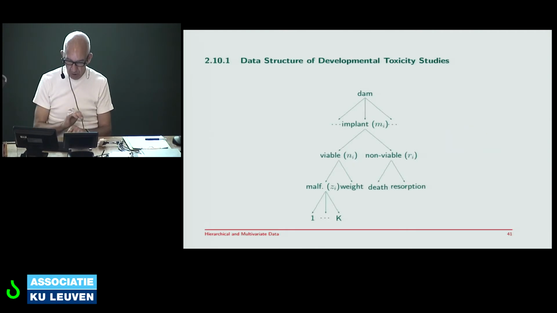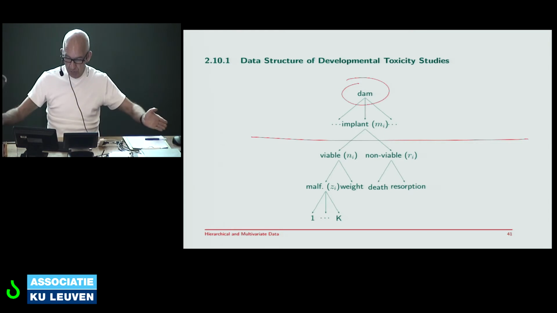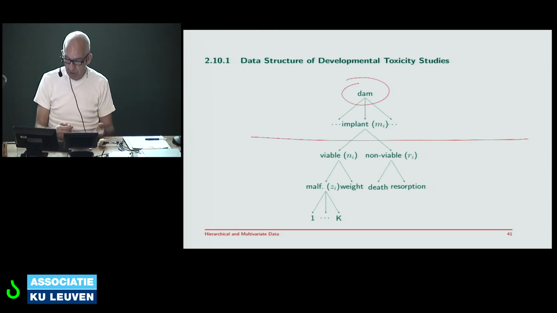Okay, good. The data structure. It's important that we draw a line here where I drew it. So we have a single dam. And of course, you know that in the actual experiment, we have a number of dams per dose group, then we have a number of dose groups altogether, so we may have in an experiment something like 100 of those dams. That's the typical size in the data sets that we will be analyzing.